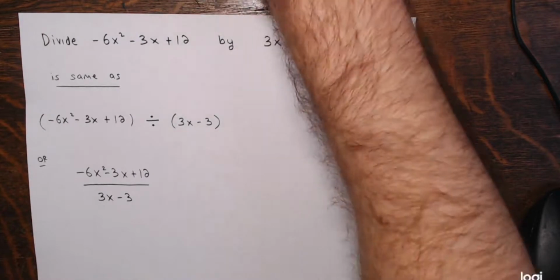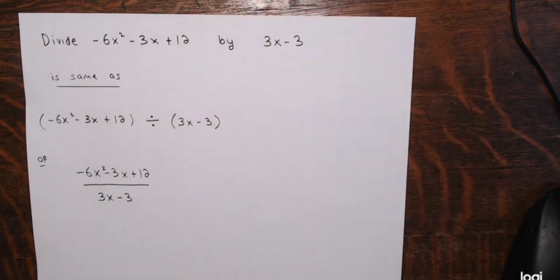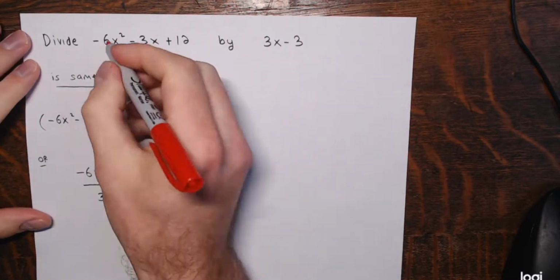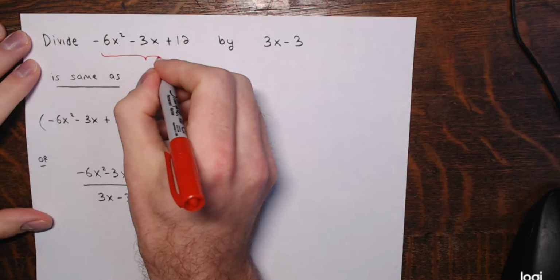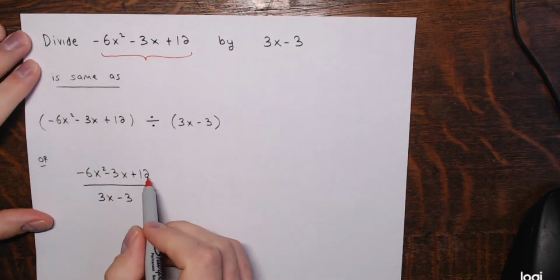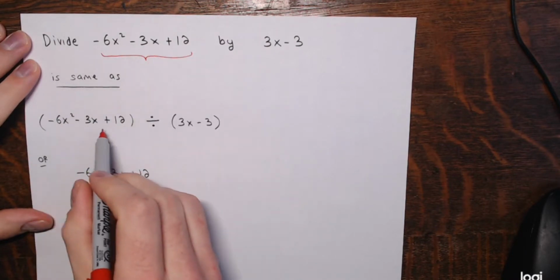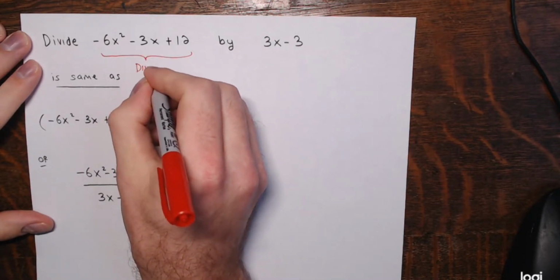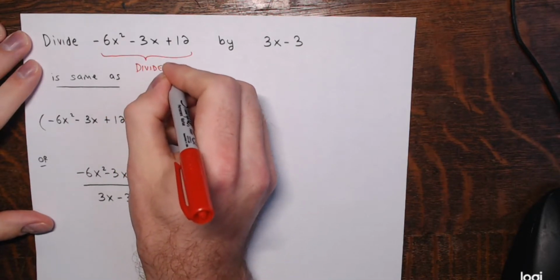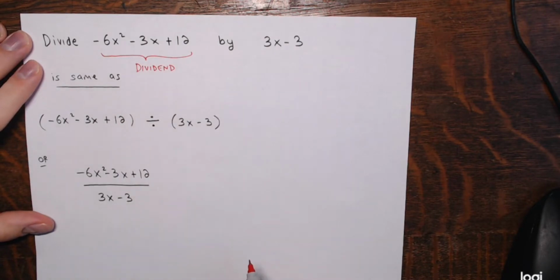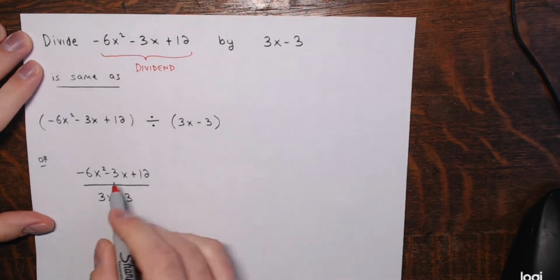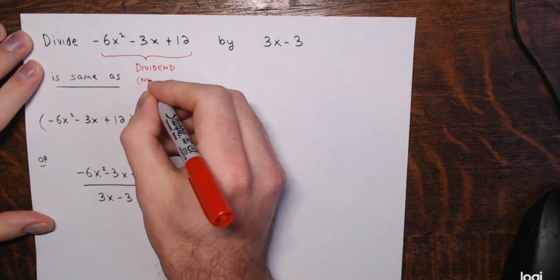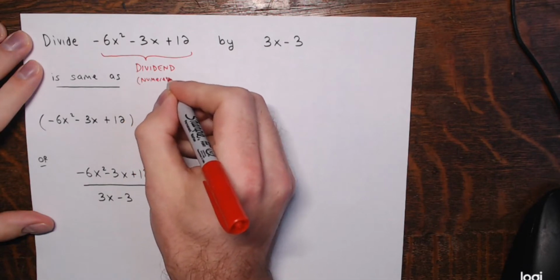All right, and these all have special names, these parts of a division problem. So the first polynomial, which is the numerator, or the first polynomial in the division problem, this is called the dividend. Again, also the numerator, if you're writing it as a fraction.